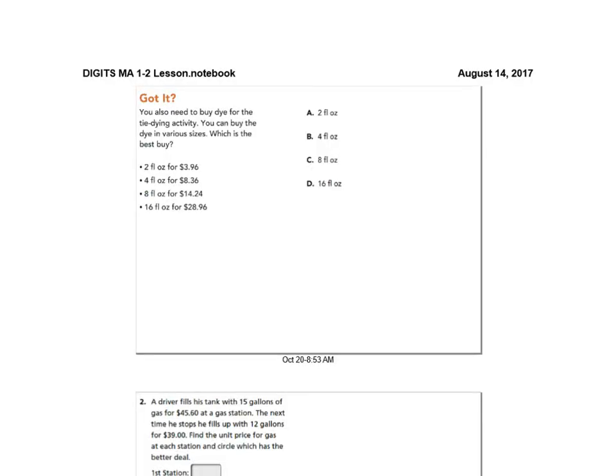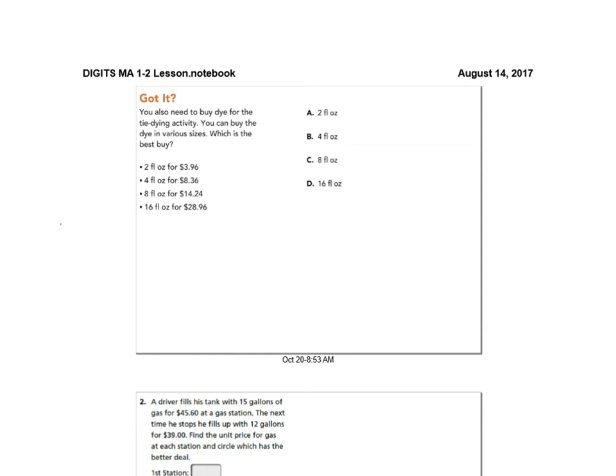So for the fundraiser, you also are going to have to buy the dye for the tie-dyeing. And so now we have to see which buy is better for the dye. So we have 2 fluid ounces for, oops, I already made a mistake.